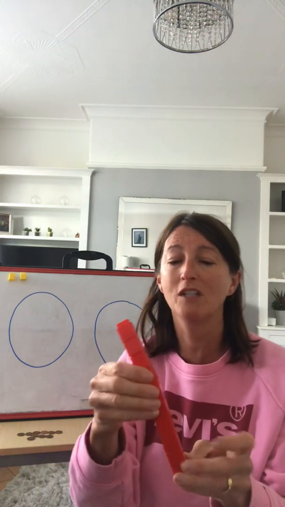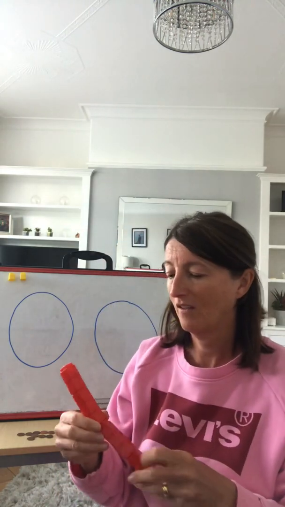Let's try one more time. So I'm going to split them in half. Oh, look. Have I got two parts? 1, 2. Are both parts exactly the same? Yes, they've got 1, 2, 3, 4, 5. 1, 2, 3, 4, 5.